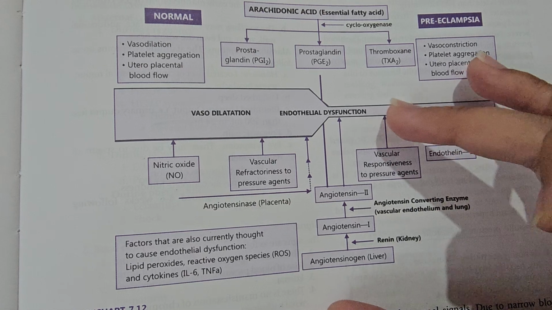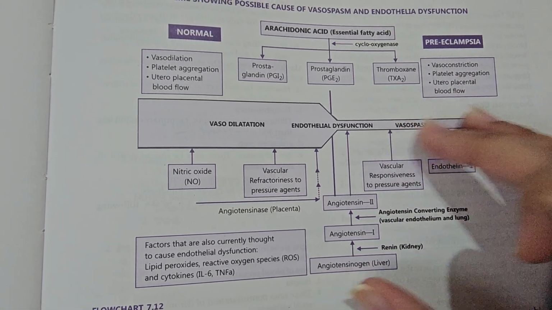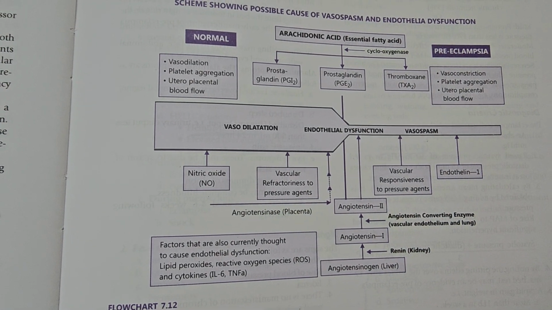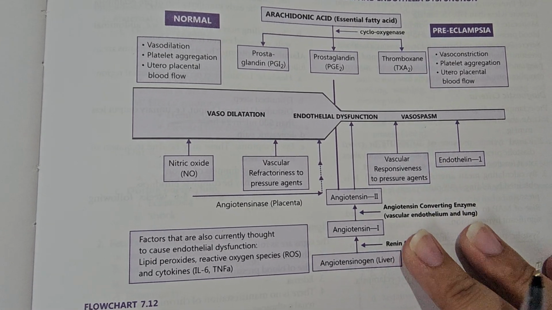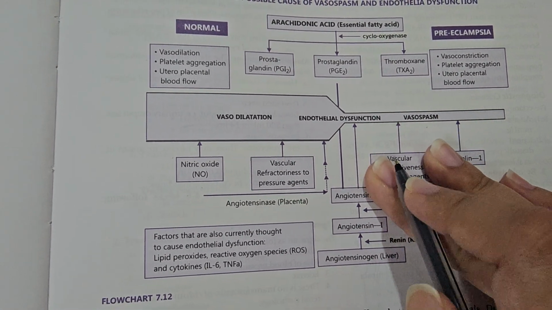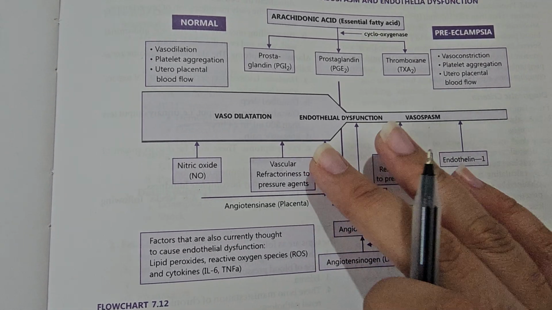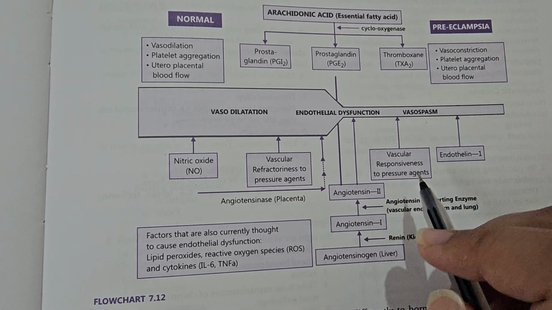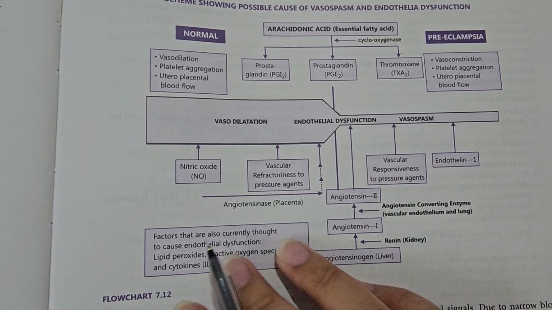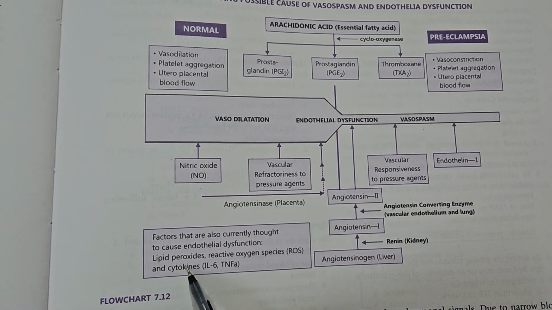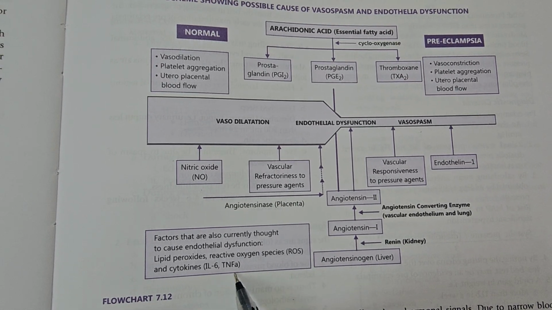And now what will happen? Endothelial injury. Now endothelial injury happens, then eventually inflammation happens. And then, if inflammation happens, platelets aggregate in order to save the endothelial blood vessels of the uteroplacental circulation, so platelets are now increased. There are some factors currently thought to cause endothelial dysfunction: lipid peroxide, reactive oxygen species, and cytokines, IL-6 and TNF.